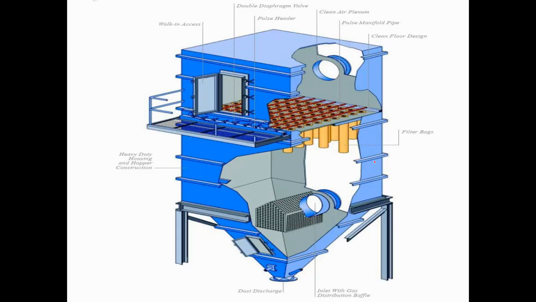This is the internal diagram of the bag filter. This is where the dust-laden gas enters, and these hanging bags are arranged here. The gas passes through the bags, and dust is collected in the hoppers. This mechanical arrangement connects all the bags in series, and you can shake them periodically with a mechanical shaker.